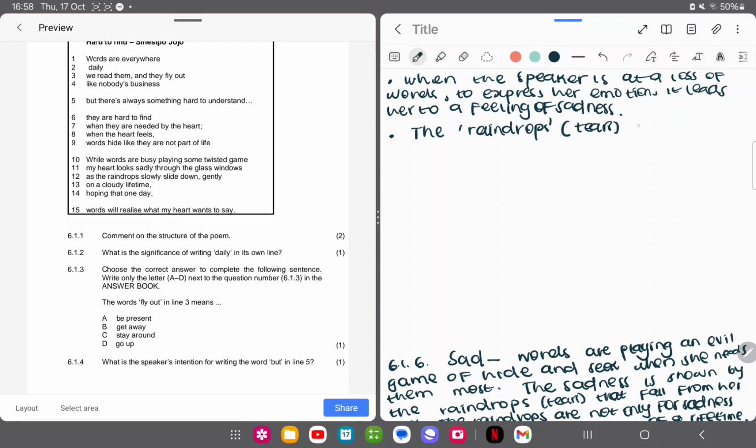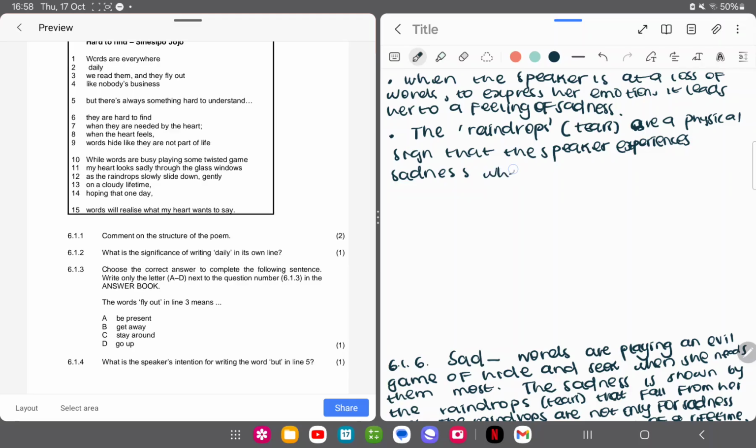So we say the raindrops are a physical sign that the speaker experiences sadness when the heart looks through the glass window.